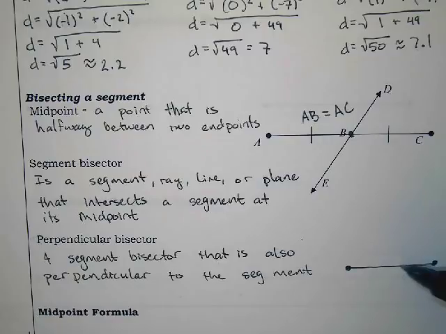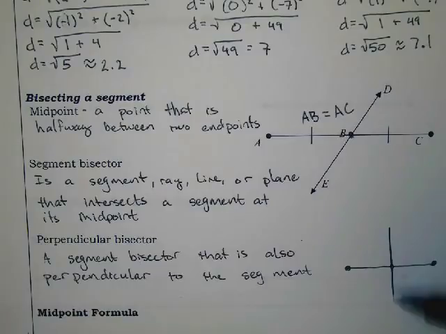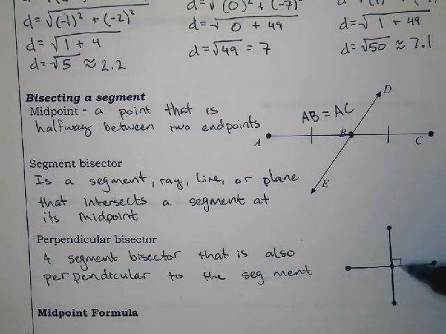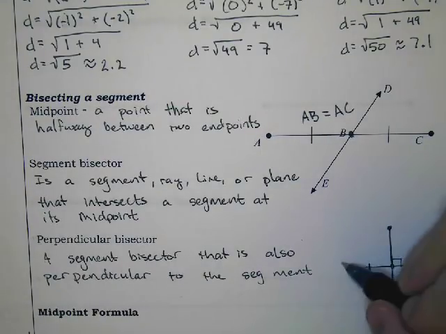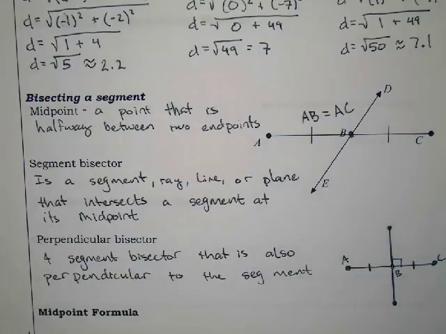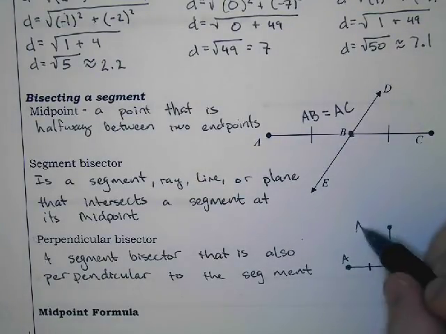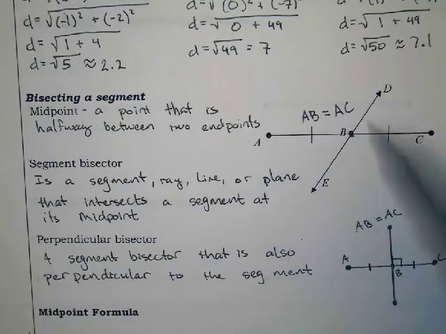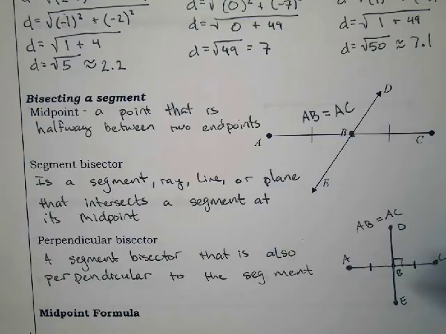We'll say that this is about the half, so we'll call that our midpoint. It would be perpendicular, meaning it creates right angles like that, and we would say that these two are congruent. So if we have A, B, and C, AB is equal to BC, just like above, but now our DE is perpendicular to AC, so it creates right angles at all four of these angles. All four of these angles will be right angles.